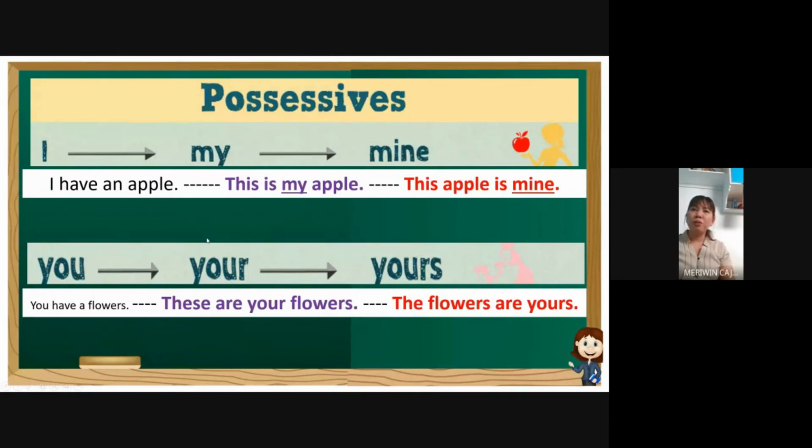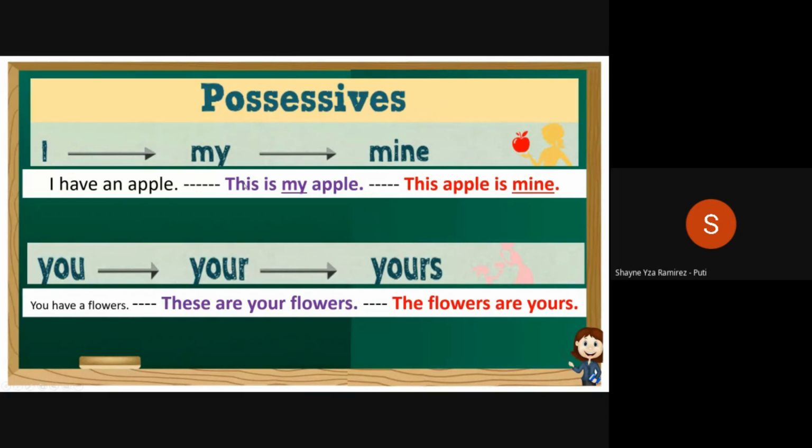Okay, so to discuss it further, I have here an example: I, my, and mine. How are we going to differentiate this? So I here is an example of a personal pronoun or subject pronoun. Then my and mine are examples of possessive pronouns. So how are you going to put that in a sentence? Example, I have an apple.